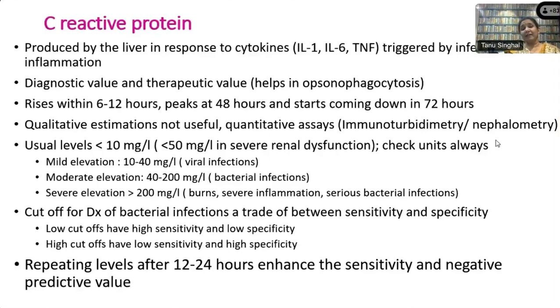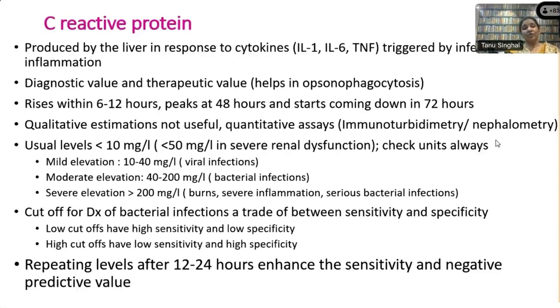And if your levels are very high, then it becomes even more specific for a bacterial infection. But again, in many inflammatory disorders like Still's disease, or in cases of vasculitis or Kawasaki, you will have a high CRP in the absence of a bacterial infection. So, as I said, it is a non-specific marker.